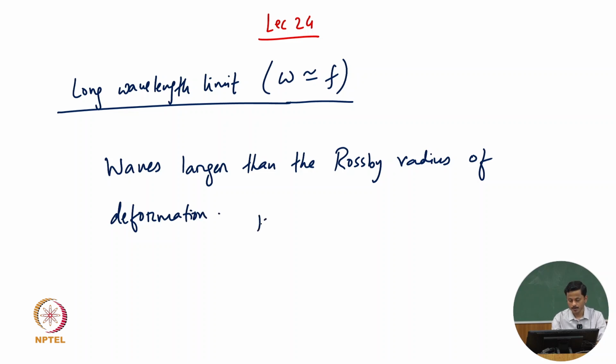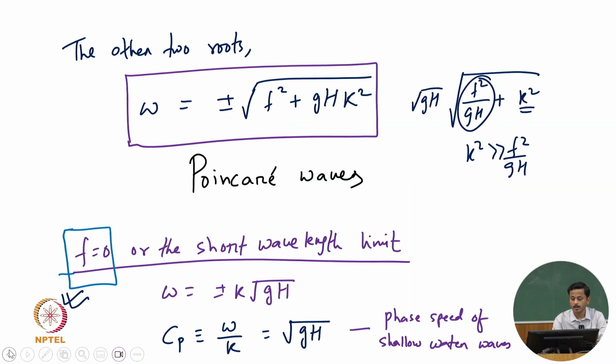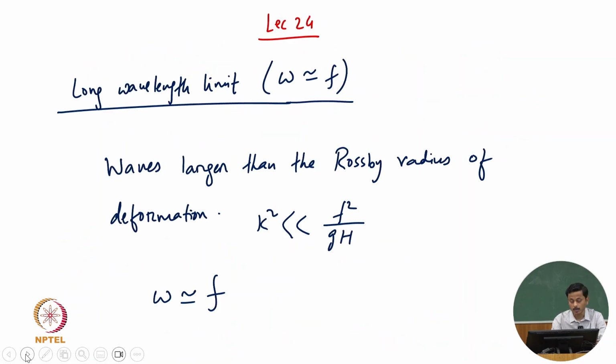In this case, k squared is much less than f squared by gh. Plugging this into the dispersion relation yields omega approximately equal to f. Again, dividing the whole system by gh and multiplying by root gh under the root.